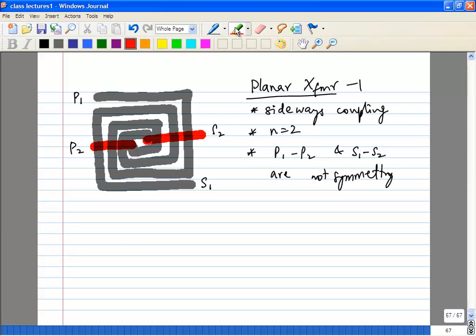So let's consider a single turn transformer. Let me do a good job of drawing this.